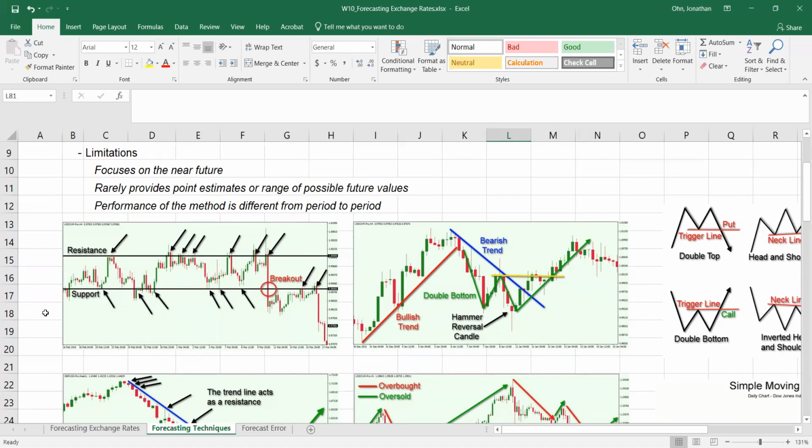Support level means the price is not likely to go below this level. If you identify that kind of level, that is called a support level.